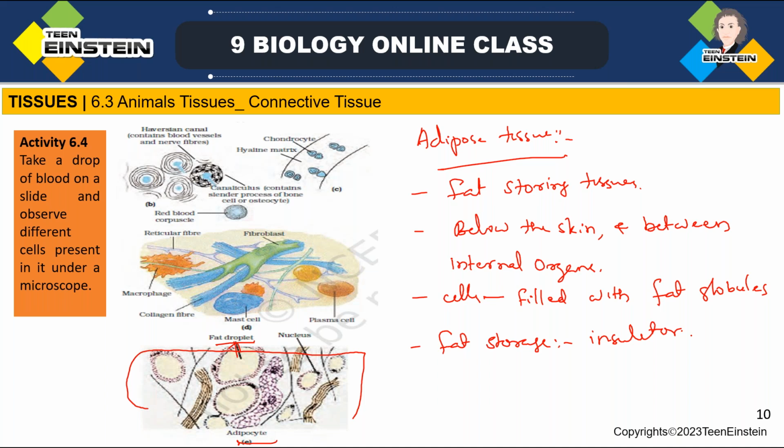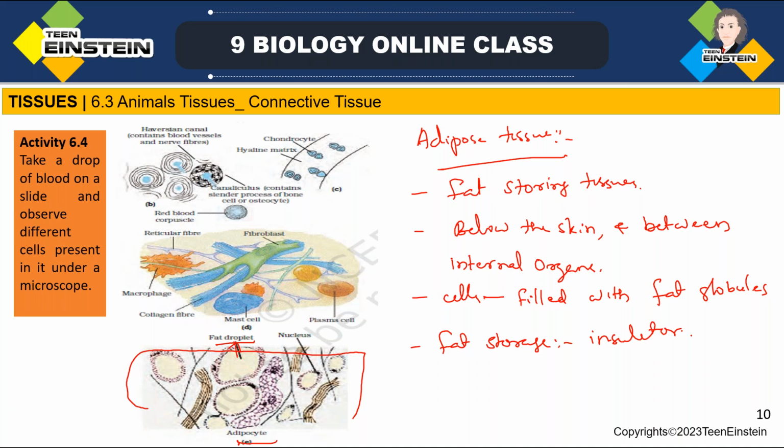Two bones are connected together by ligament. Tendons connect the muscle to bones. Cartilage is another type of connective tissue, and the cartilage matrix is composed of proteins and sugars. Areolar connective tissue is found between skin and muscle. Adipose tissue is the fat storing tissue. So these many points you can learn about connective tissue.